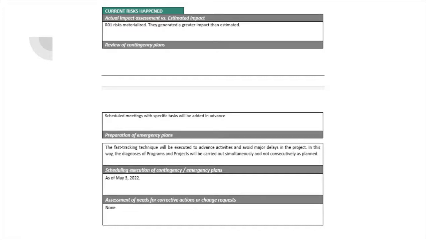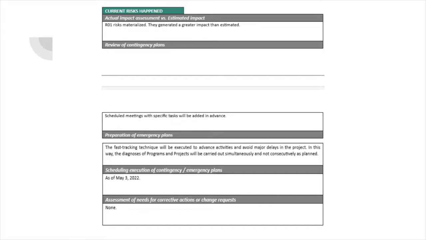Review of contingency plans: scheduled meetings with a specific task will be set in advance. Preparation of emergency plans: the fast tracking technique will be executed to advance activities and avoid major delays in the project.